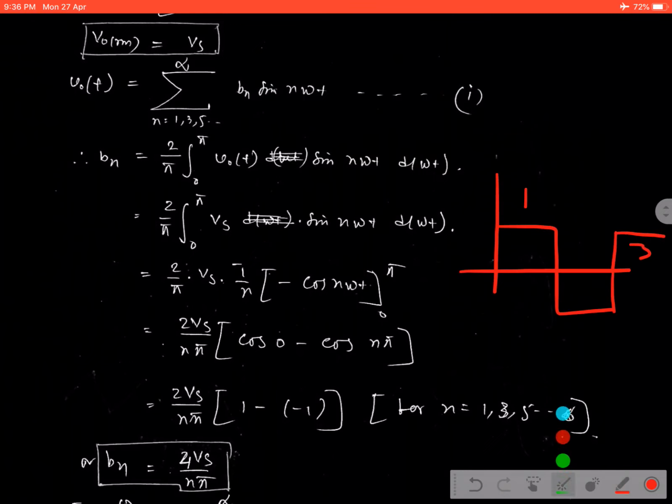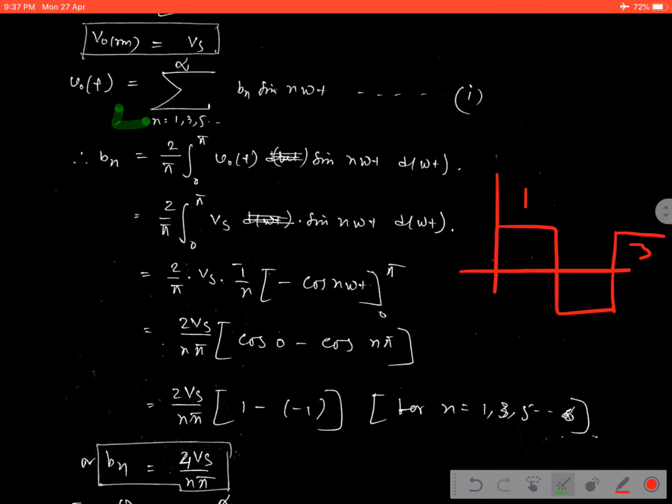That is why here we are considering n equal to 1, 3, 5 to infinity, Bn sin n omega t, as it is a half wave symmetry. That is why A0 equal to An equal to 0 for the Fourier series. So this is the expression where we can determine the coefficient Bn.